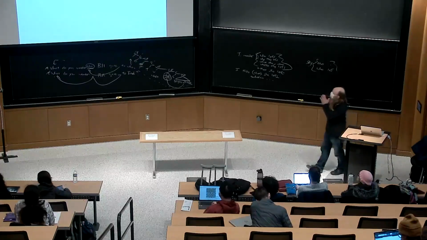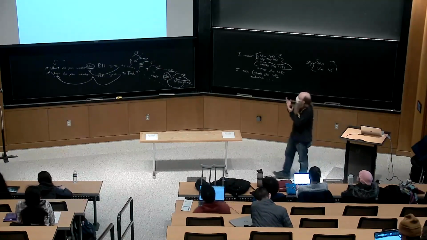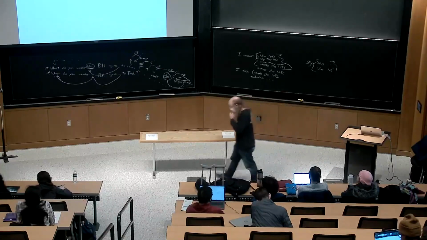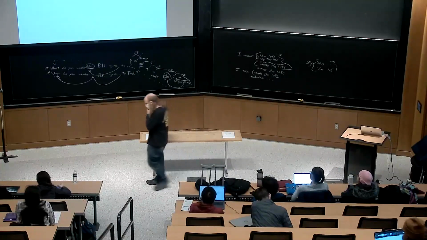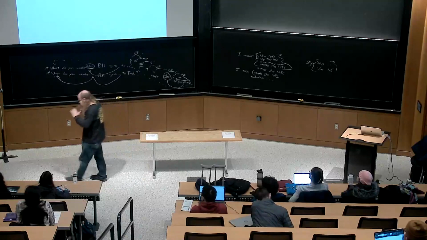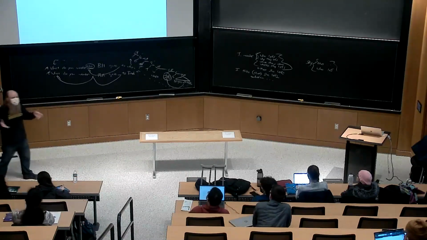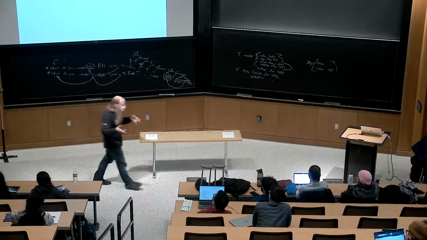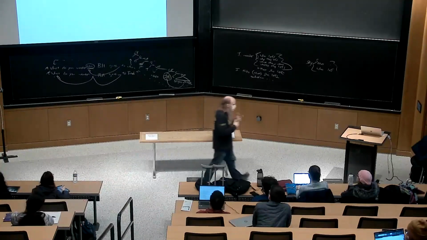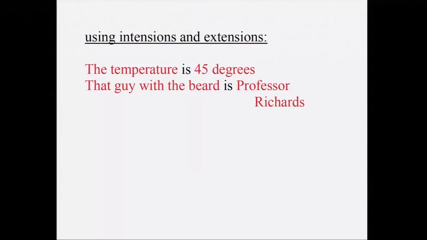So I said before, when we say that these phrases mean the same thing, to say that is to say that you could take a sentence that's true and switch one of the phrases and still have a sentence that's true. We have to be careful, though, about things like intensions and extensions.